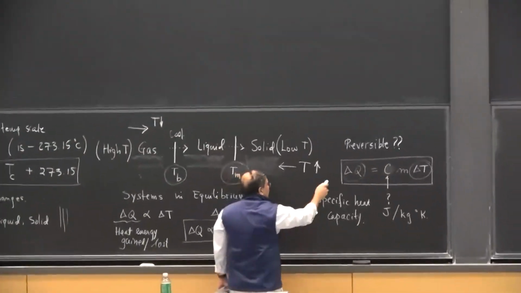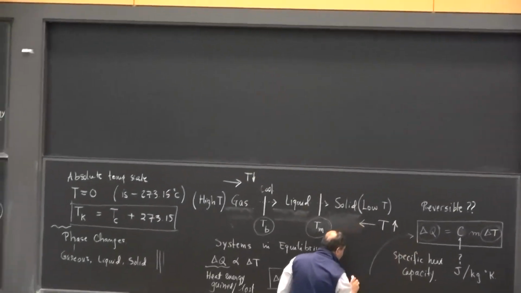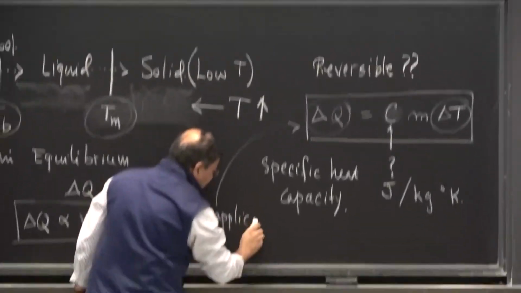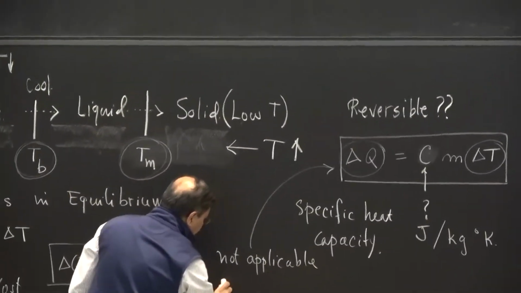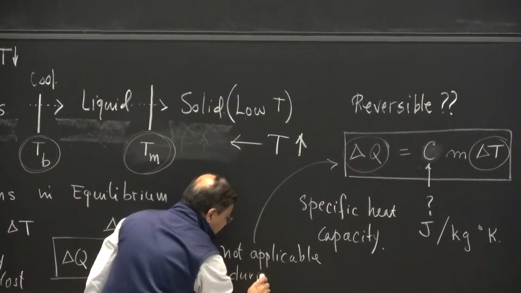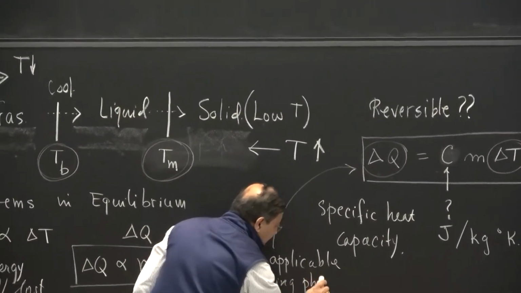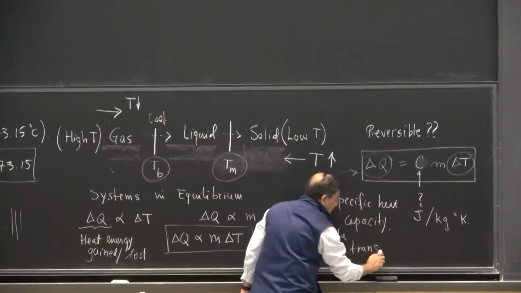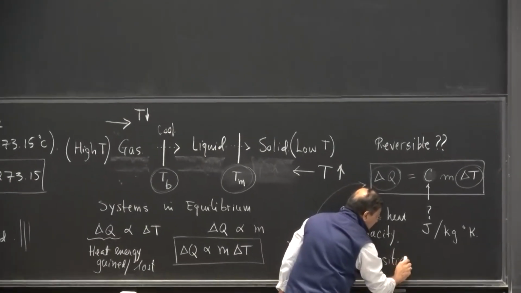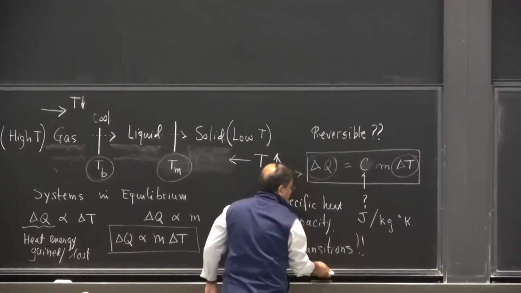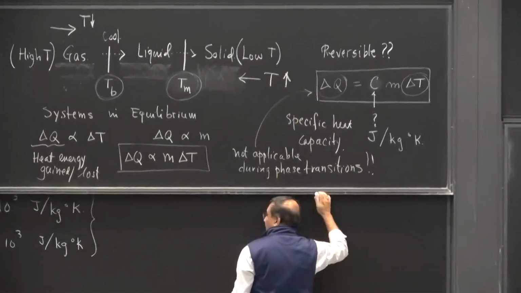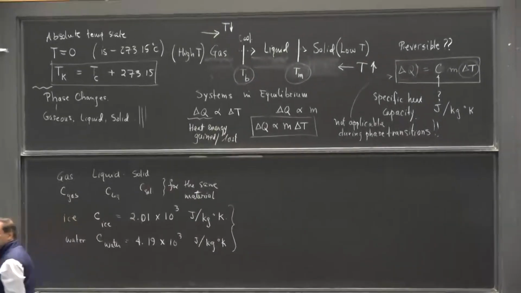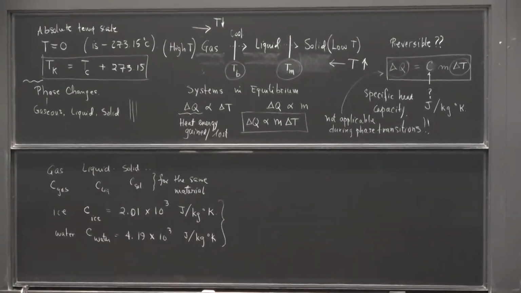So this is not applicable during phase transitions. Because during phase transitions, I already told you, you have either TB or TM. Temperature is fixed. Phase transitions happen at a particular temperature.